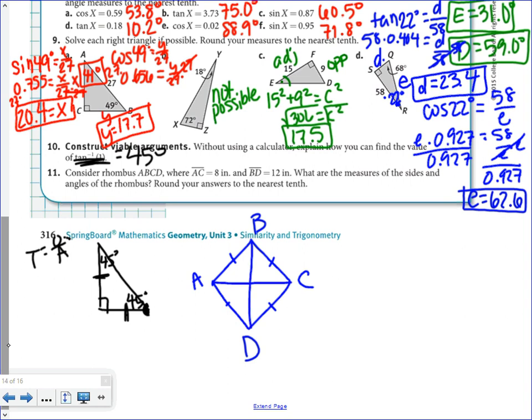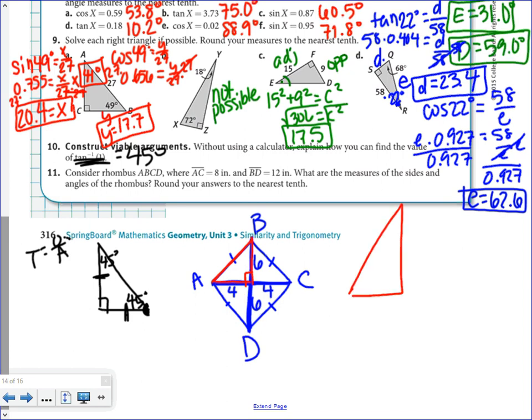We know that the diagonals of a rhombus bisect each other. So if this whole thing is 8, this part is 4, and this part is 4. And if we know this whole thing is 12, this part is 6, and this part is 6. So you could use Pythagorean theorem to find your hypotenuse if you wanted, or you could use trig. I'm going to look at this one triangle. I'm going to make it a little bit bigger.